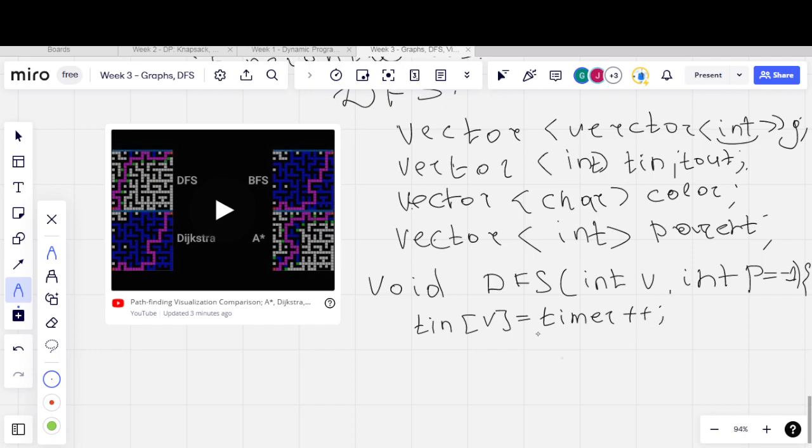We store the time for this vertex. The parent of this vertex will be p. And as we start to visit this vertex, its color will be gray.